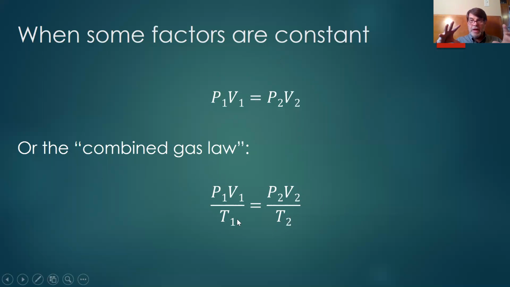So if the number of moles is constant, then the pressure times the volume divided by the temperature before is going to equal the pressure times the volume over the temperature after. And so you can use this to amaze your friends with your mathematical and chemical skill. So there you have it, the ideal gas equation. Finally, at long last.